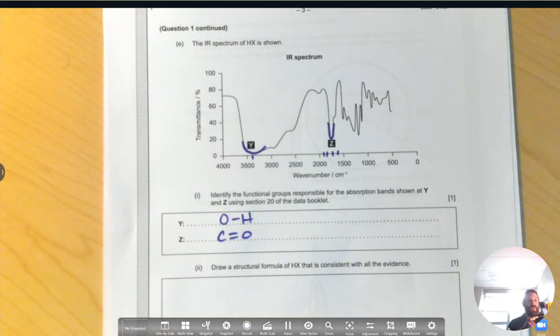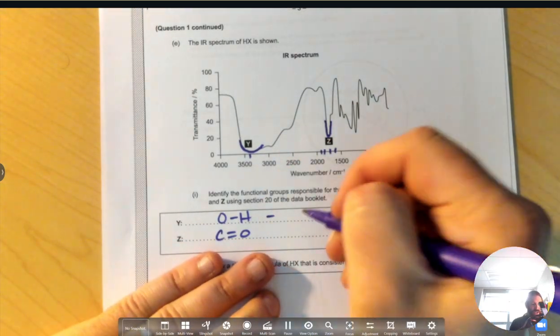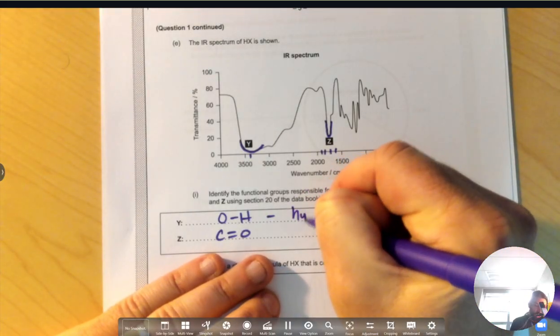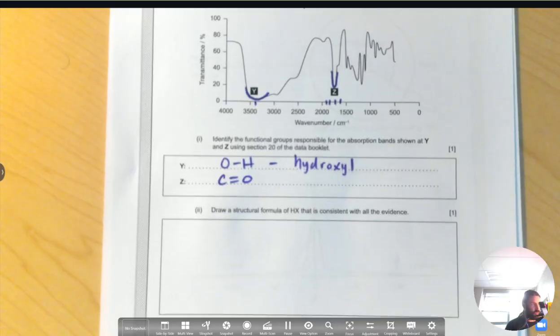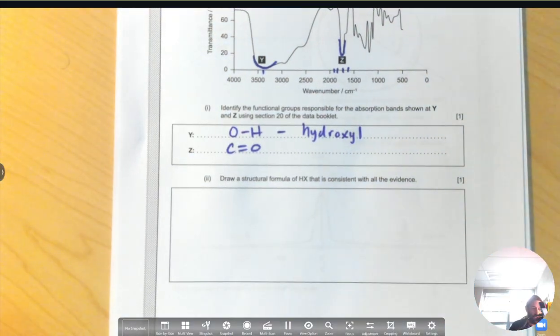The beautiful thing is, if you look at the mark scheme, it doesn't ask for which particular one. It just wants the functional group responsible, and it's OH. Now, if you had written out carboxyl, you would technically be wrong here. That's actually a hydroxyl group, and I'll explain why when we actually draw the structure, which we're asked to do next. All right, so it's got to be consistent with all of the evidence.